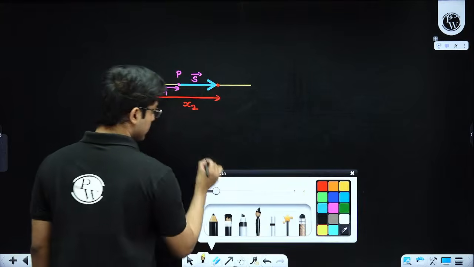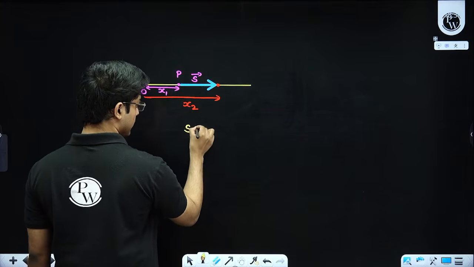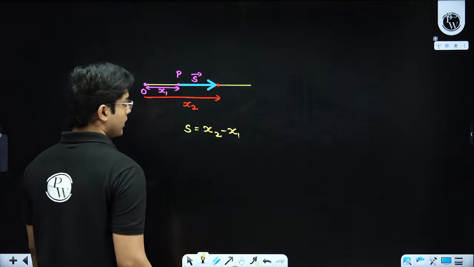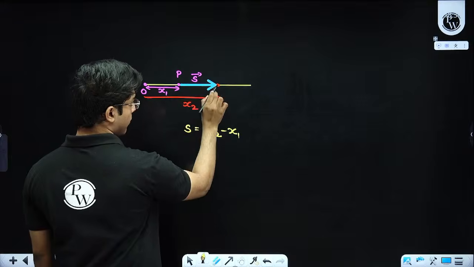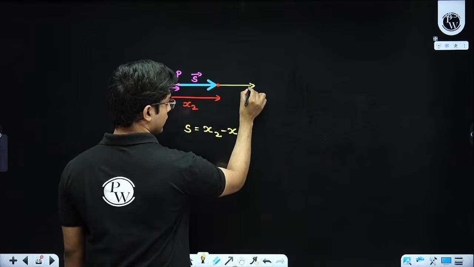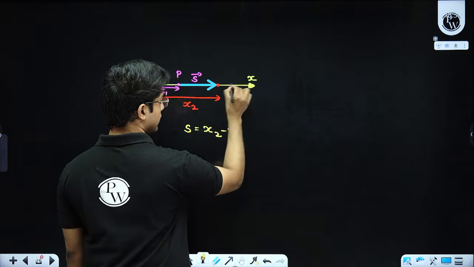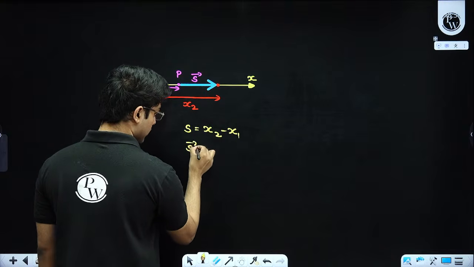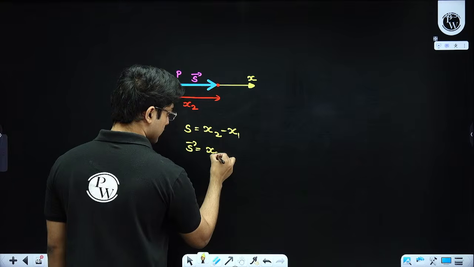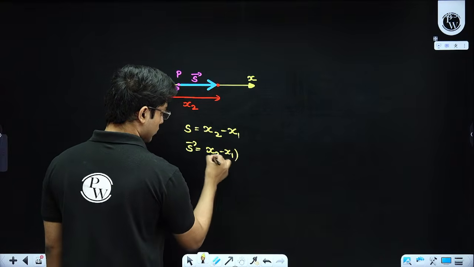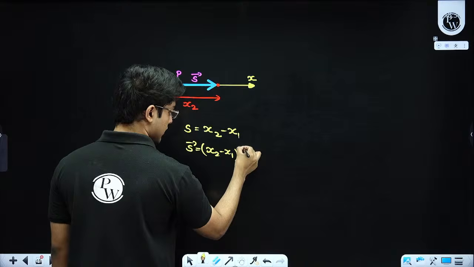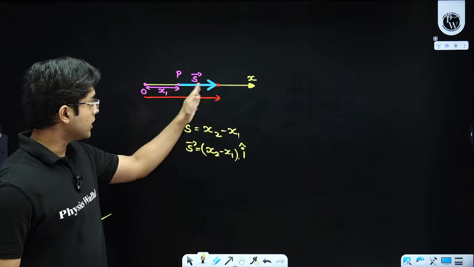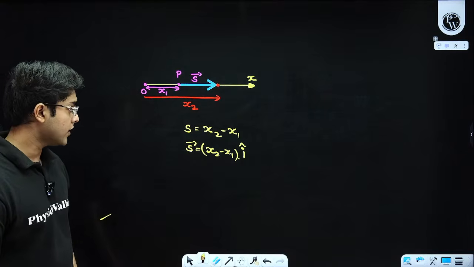So displacement, its magnitude will be x2 minus x1, as you can see, okay. And direction, as you can see, it is pointing to the right, okay. So if this is the x direction, unit vector will be i cap, right? So S vector, you can write it as the magnitude into i cap, right? Because it is pointing along the right direction, right?